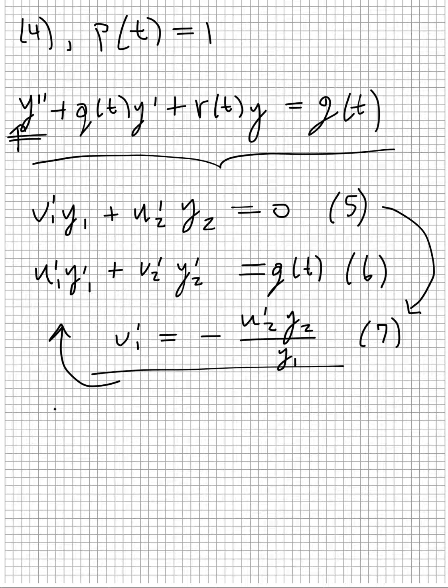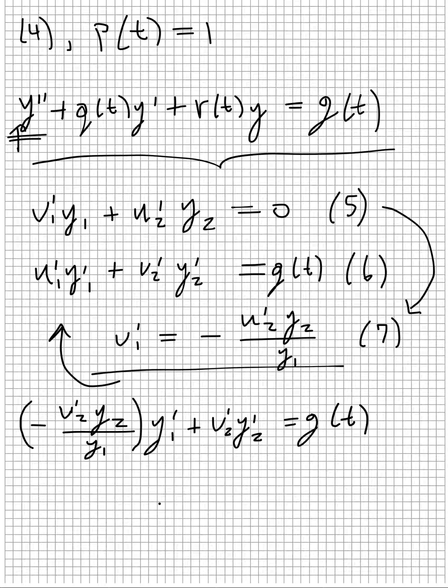Then we're going to do some simplification to solve for u prime 2. So let's do that. So plugging in, we get negative u prime 2 times y2, divided by y1, multiplied by y prime 1, plus u prime 2 times y2 prime equals g of t.